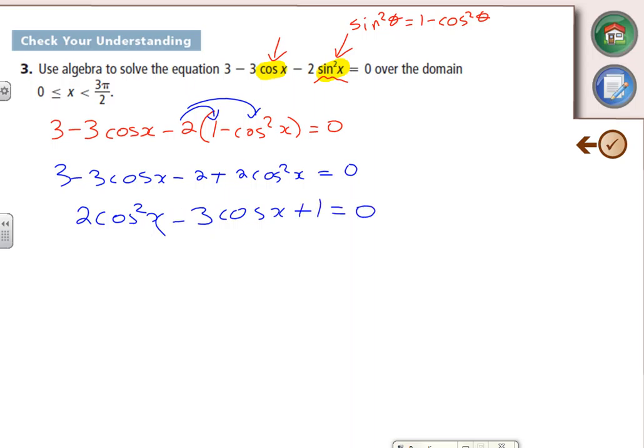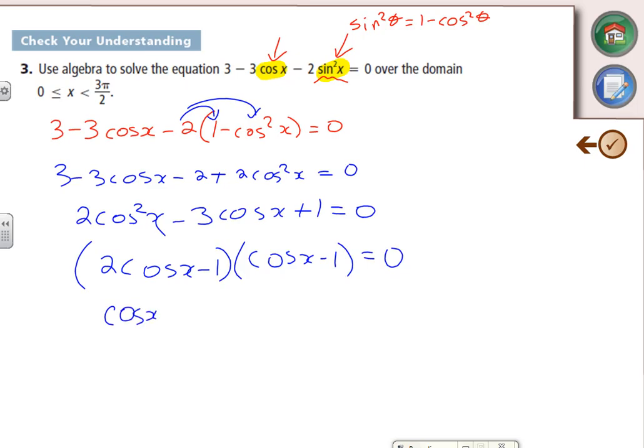And we factor it. And factoring gives us this. And then same as we've done all the way along. Cos x equals 1/2, or cos x equals 1. Go to our unit circle, our reference angles, whatever we need.